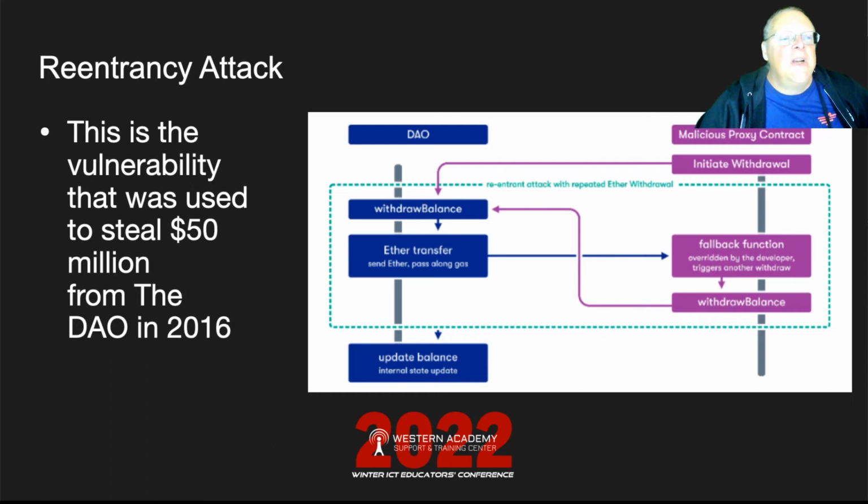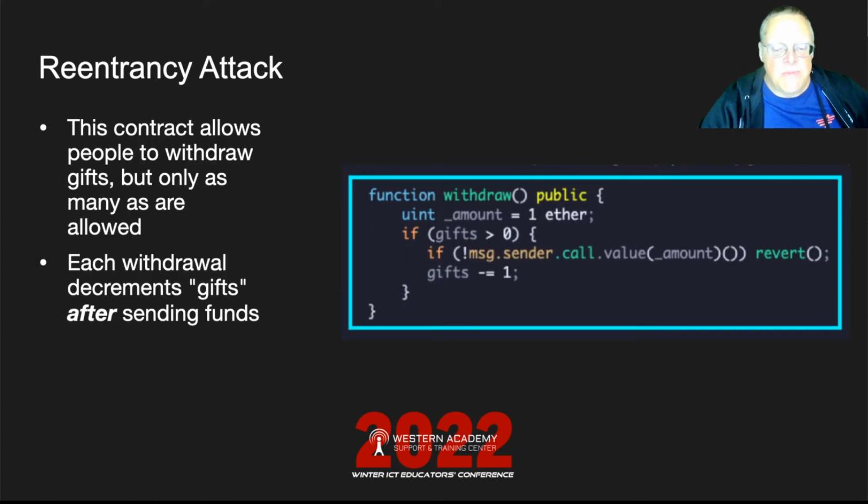And so let's see a simple example of this. So here's a contract that is just intended to allow people to withdraw gifts, but only up to a limit. There's a number called gifts, an integer that says how many gifts people can take, and people can withdraw money. And when they withdraw money, it checks to see if gifts is greater than 0.